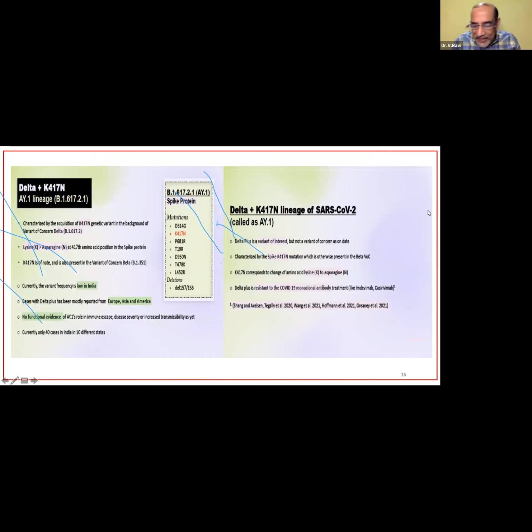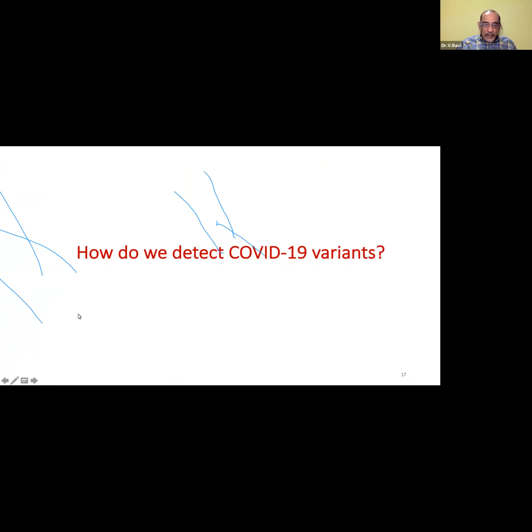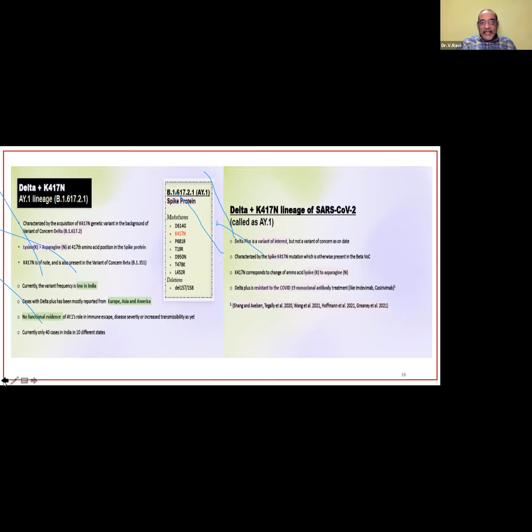The Delta Plus made rounds about 3-4 weeks back. Huge noise, huge. It came with a bang and it's gone with a whimper. In my opinion, it's a misnomer. It should be called Delta minus, because all samples that were detected positive for Delta plus in India were samples collected in April end and in May 15th or so.